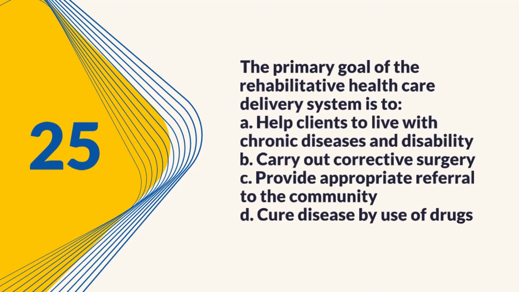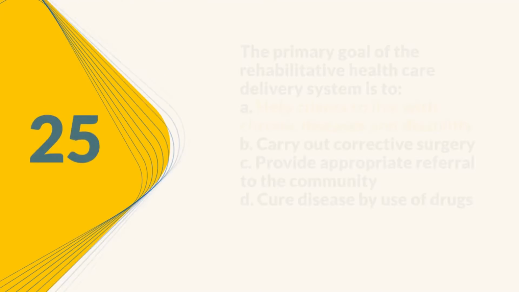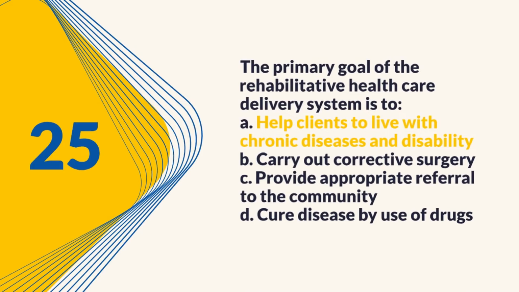25. The primary goal of the rehabilitative healthcare delivery system is to A, help clients to live with chronic diseases and disability, B, carry out corrective surgery, C, provide appropriate referral to the community, D, cure disease by use of drugs. Answer is A. Help clients to live with chronic diseases and disability.